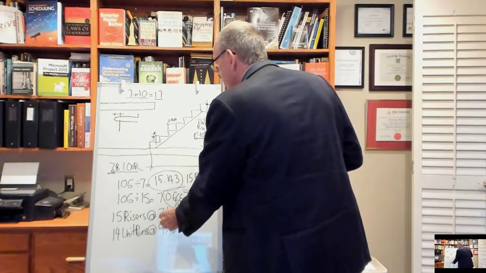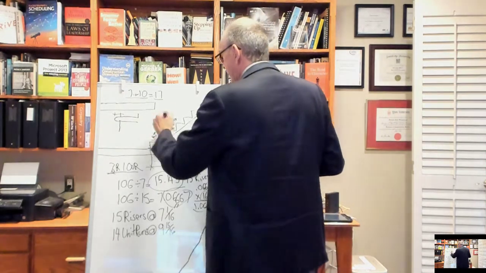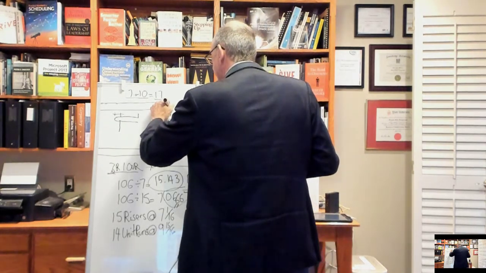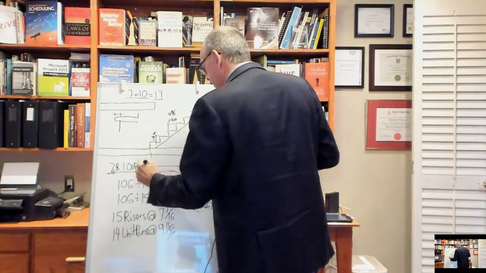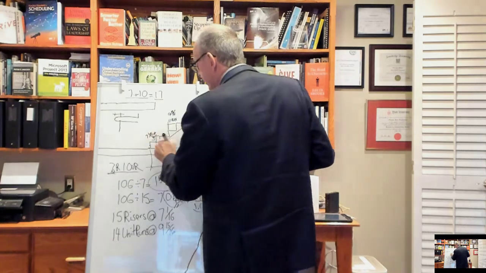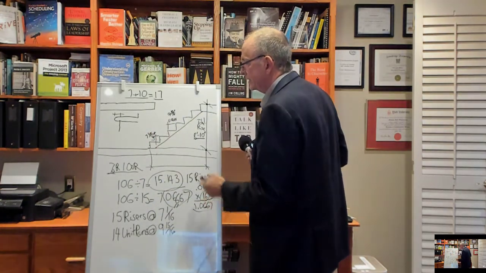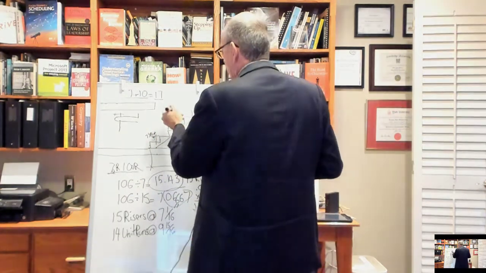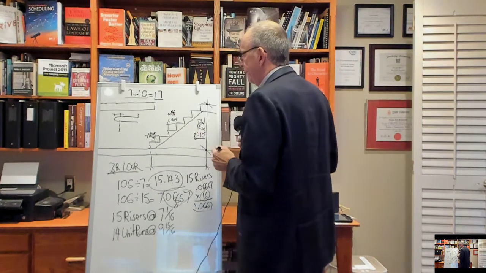So that tells me the relationship there. That means these would be 9 15/16, and these would be 7 1/16. So the vertical members are 7 1/16. Horizontal would be your 9 15/16.